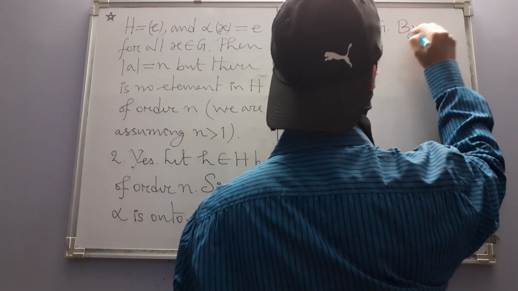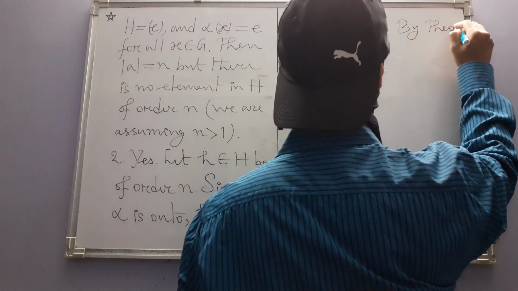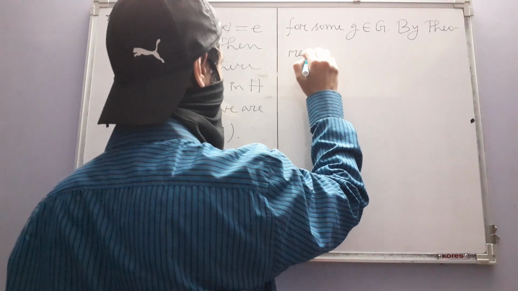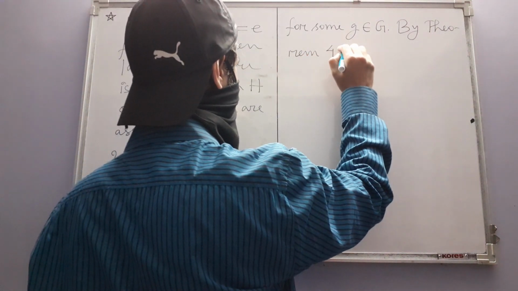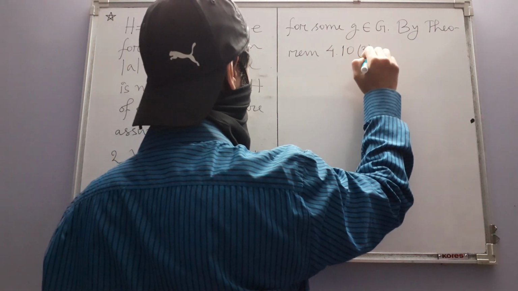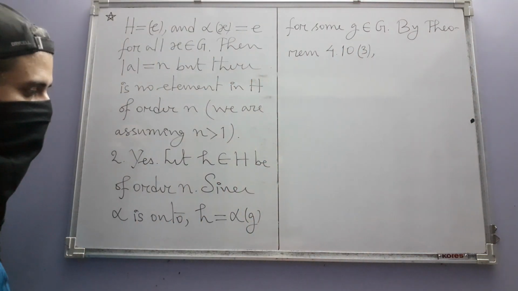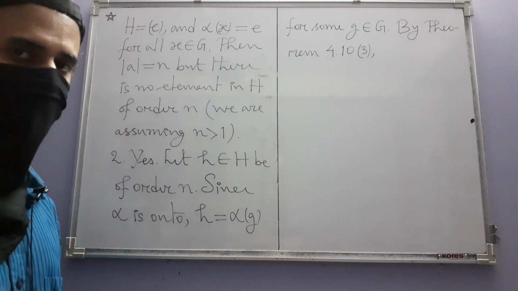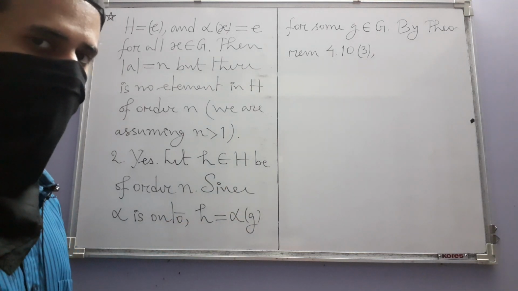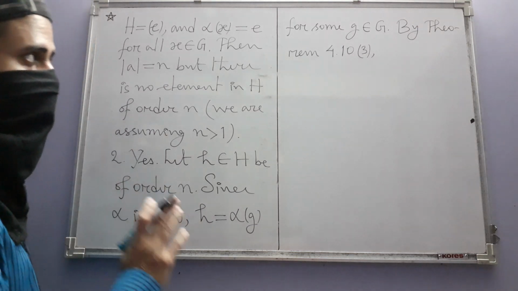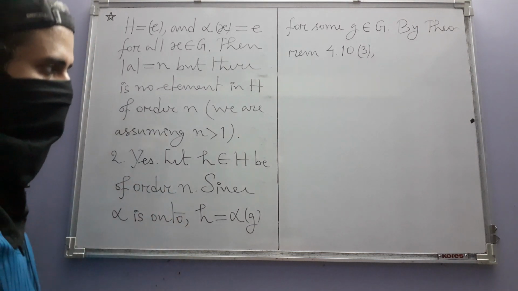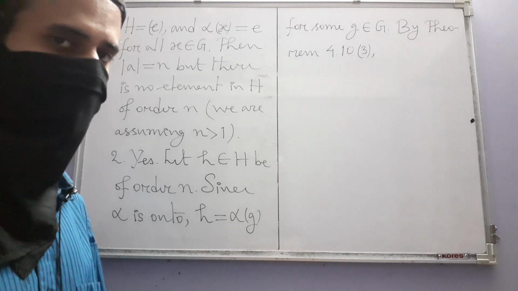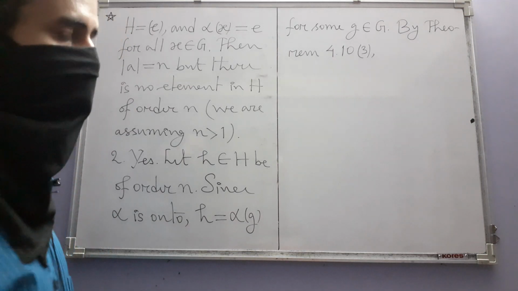Why? Theorem 4.10 part 3. What does that theorem say? It says that the order of alpha of g divides the order of g. But there is a condition. g should have finite order, of course, because otherwise it would not make any sense.